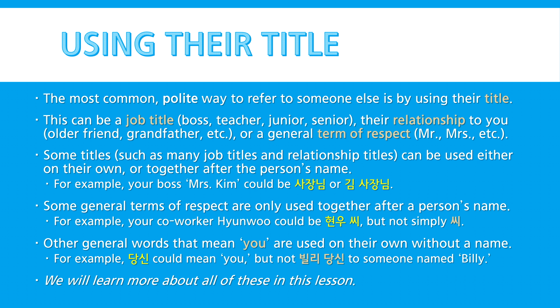For example, your coworker Hyunwoo could be Hyunwoo 씨, but not simply 씨. And other words that mean you are used on their own without a name. For example, 당신 could mean you, but not 빌리 당신 to someone named Billy. We'll learn about all of these and more in this lesson.